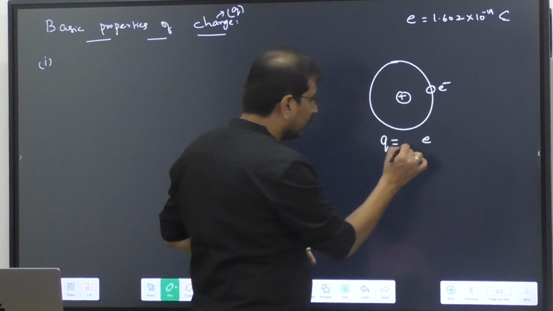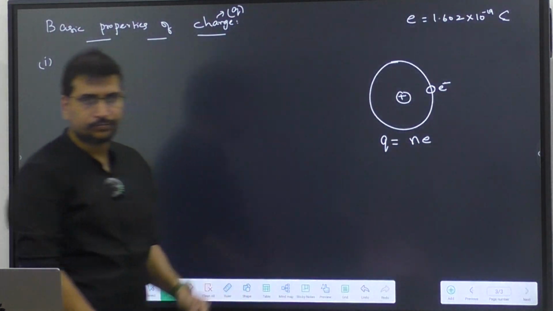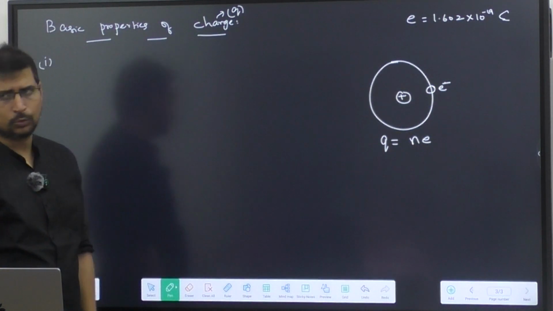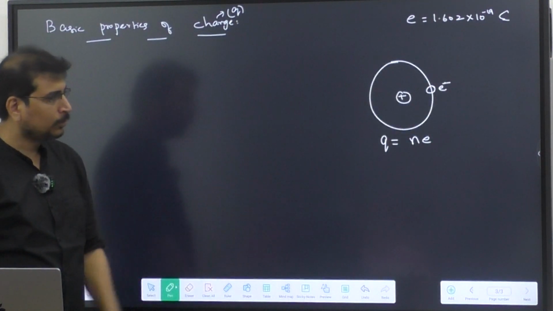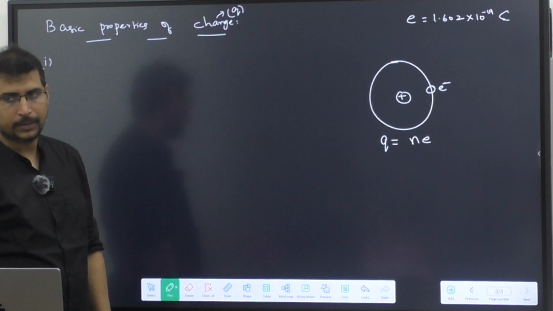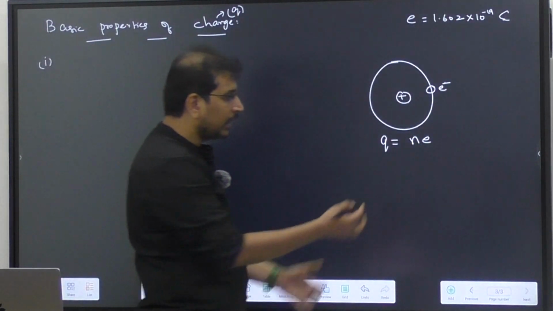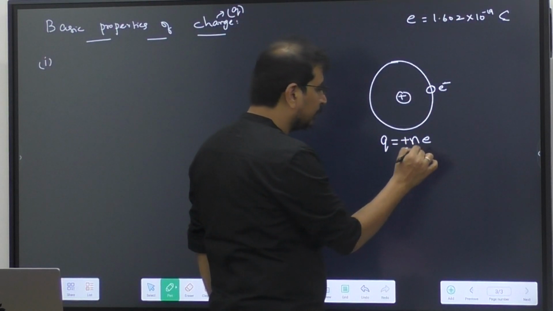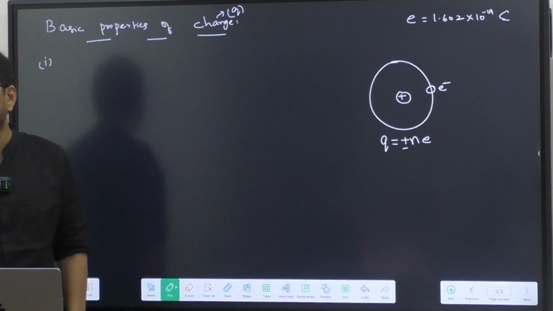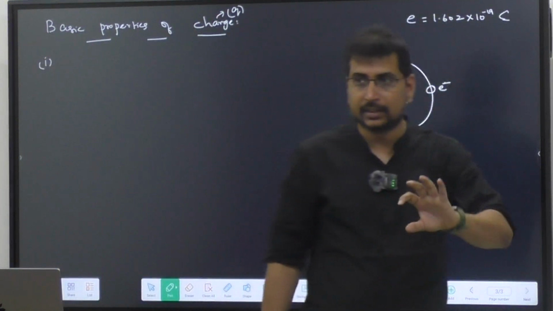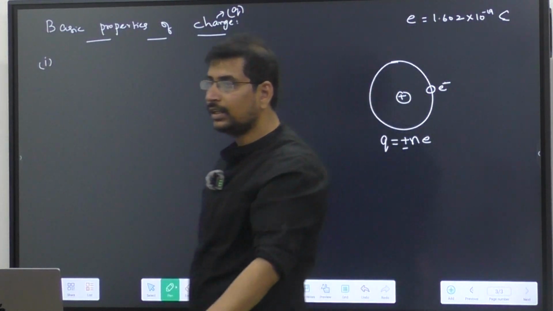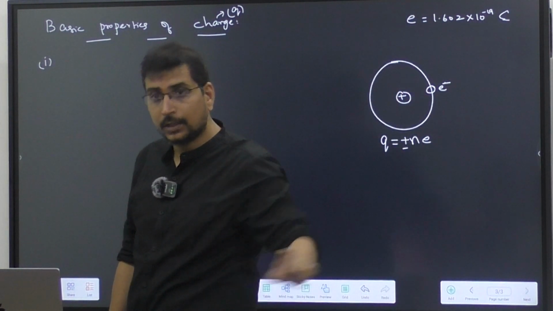So can I say Q is equal to N into E? You can use capital N also. If you want to purely follow mathematics, you can use capital N, or small n is also accepted. Okay. Now what I am doing is, I am adding a prefix to it as plus or minus. So what is it trying to tell me? So when it is plus or minus, not plus and minus. If it is plus Ne, what is the meaning of it? It has lost electrons.